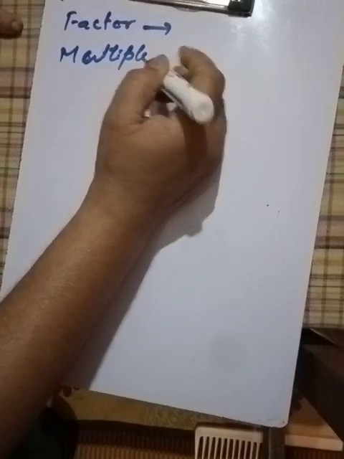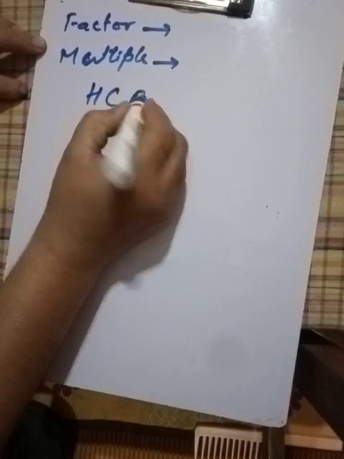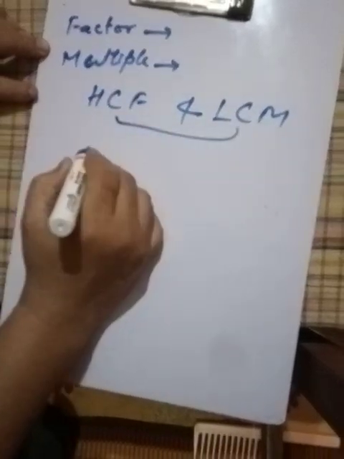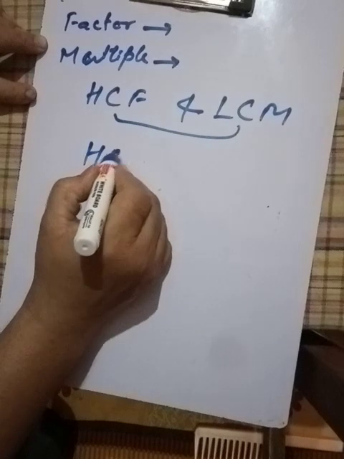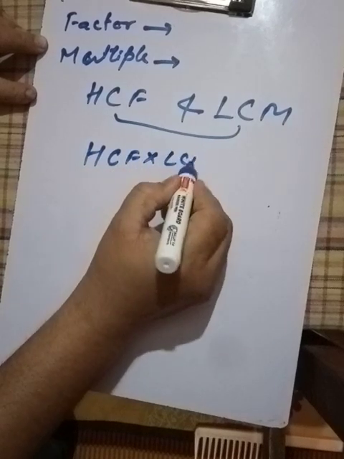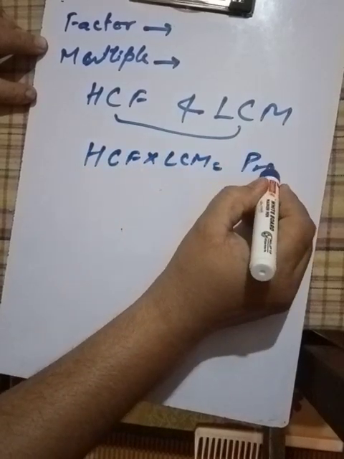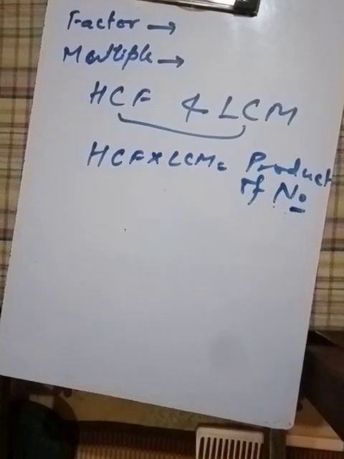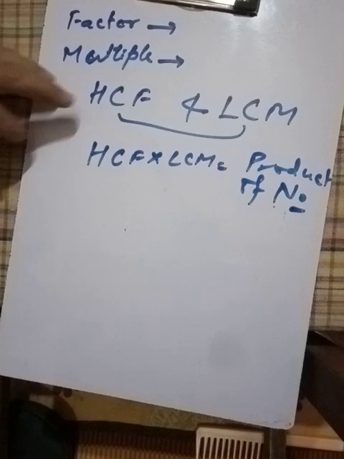For HCF and LCM, we have read 2 or 3 methods: the prime factorization method and the long division method, and also the common division method. Also we have read the relation between LCM and HCF, that was for 2 numbers only, not for 3 numbers: HCF into LCM is equal to the product of the numbers.